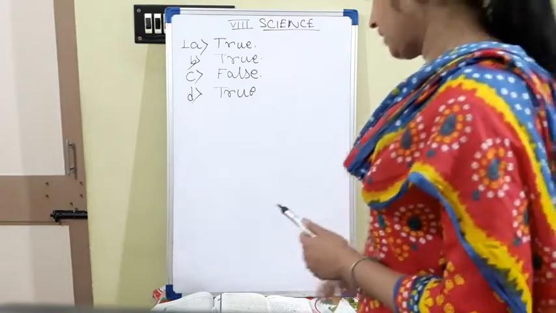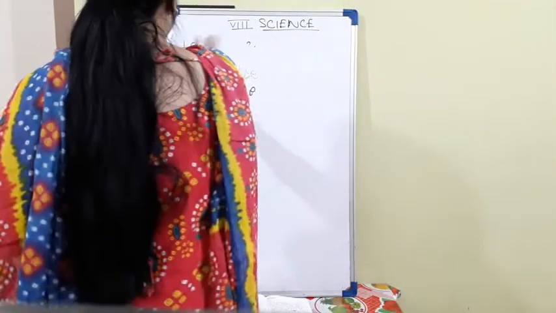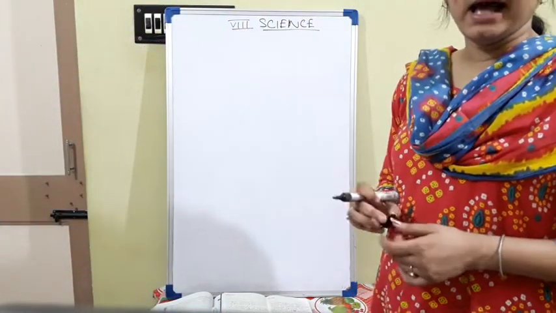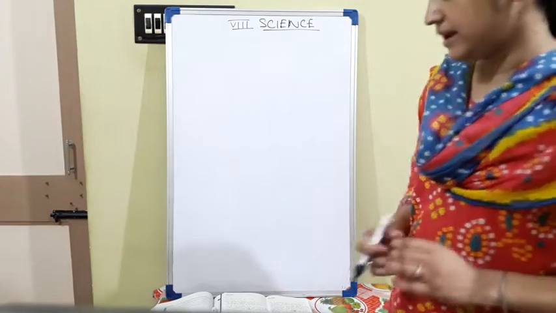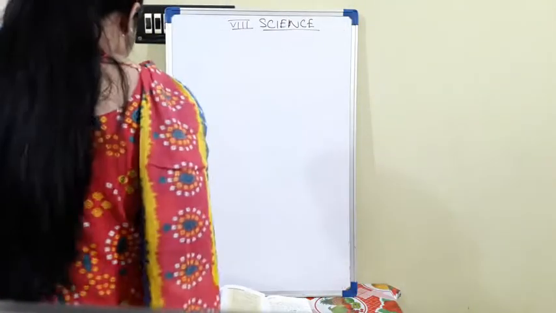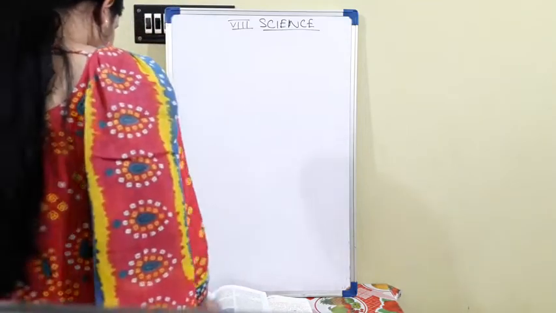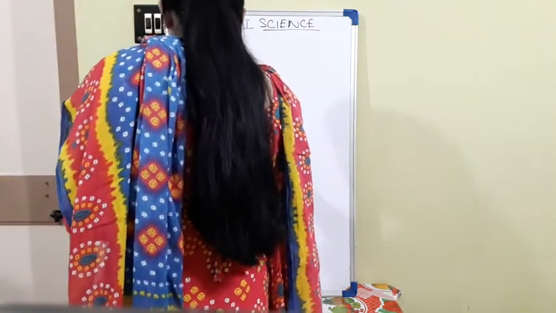Okay, next one, make a sketch of a nerve cell. You have seen one type of nerve cell and there are other pictures present in your book, that is the neuron. Nerve cells means the structure of the neurons. So, long branched nerve cells.